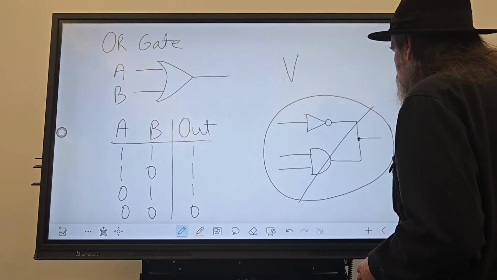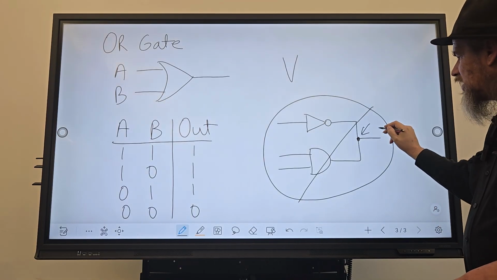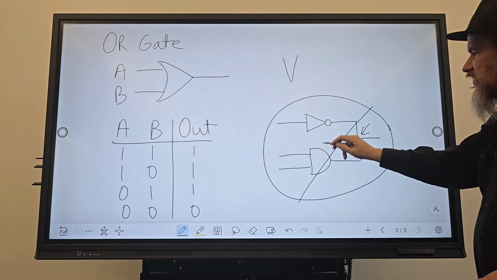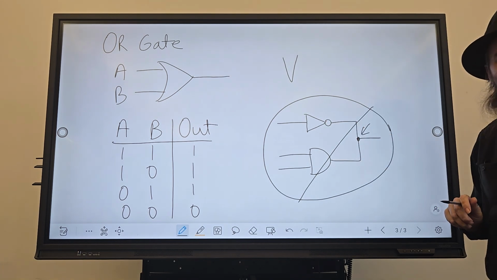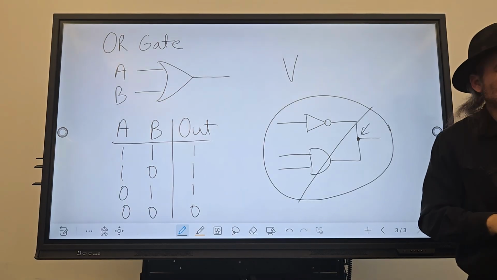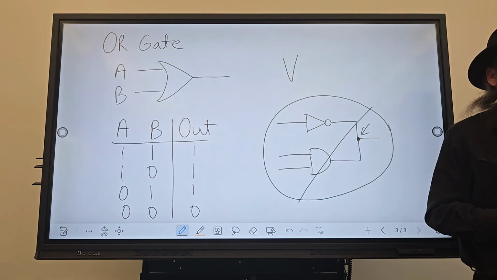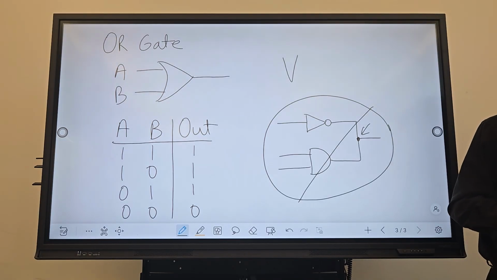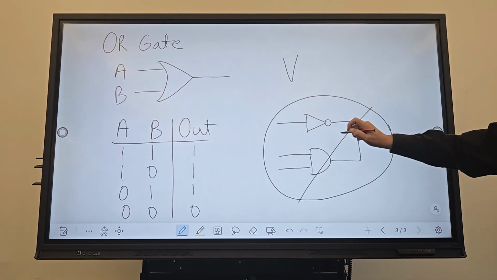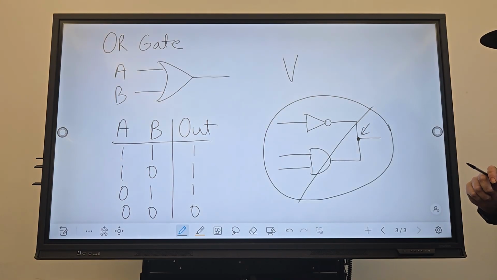This is bad, because if this is high and this is low, that'd generate a short circuit. Things could catch on fire, start smoking, melting, that sort of thing. And we don't want that to happen in our circuits. So do not combine outputs into one output.